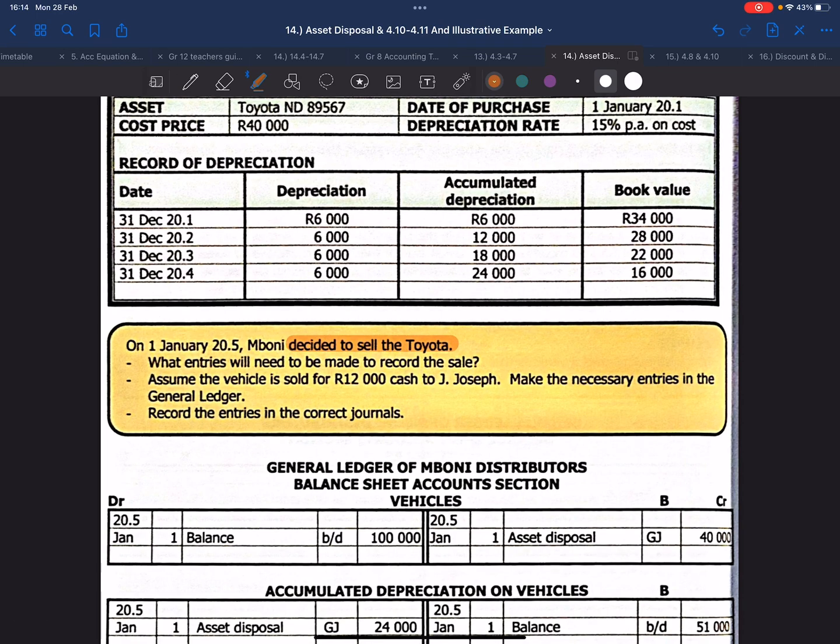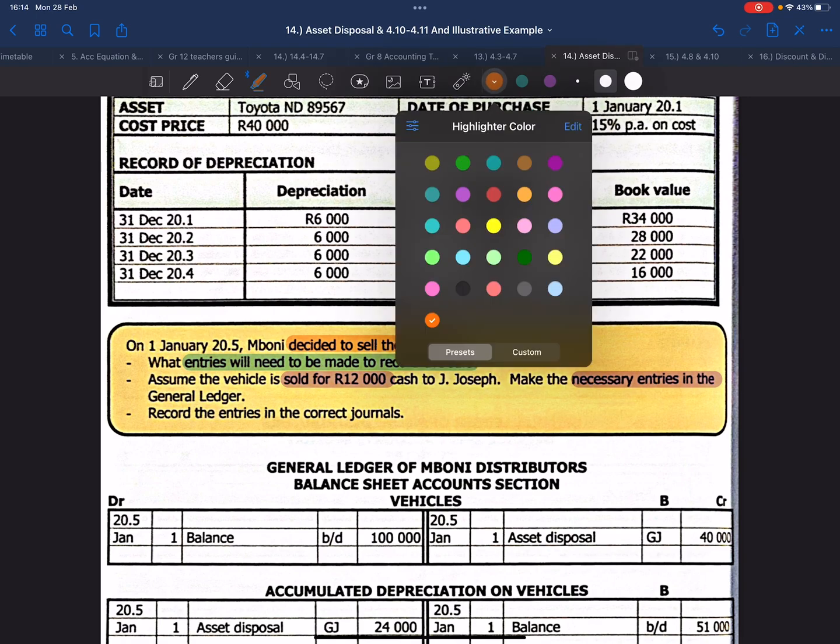So the owner decided to sell the vehicle, and they want to know what entries are needed to record the sale. They give us the selling price of 12,000, so then we have to make the entries relating to that. So then we need to take it to our asset disposal account, and determine did we make a profit or did we make a loss.